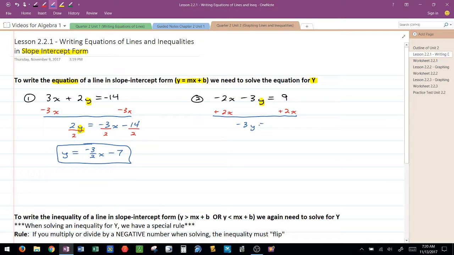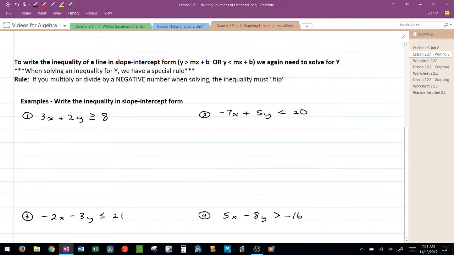I have negative 3y equals 2x plus 9. And now to get y by itself, I'm going to divide everything by negative 3. Make sure that you pay attention to the signs. The signs just don't disappear. y is equal to negative 2/3 x, and I have a positive 9 divided by a negative 3, which will give me a negative 3. y equals negative 2/3 x minus 3.